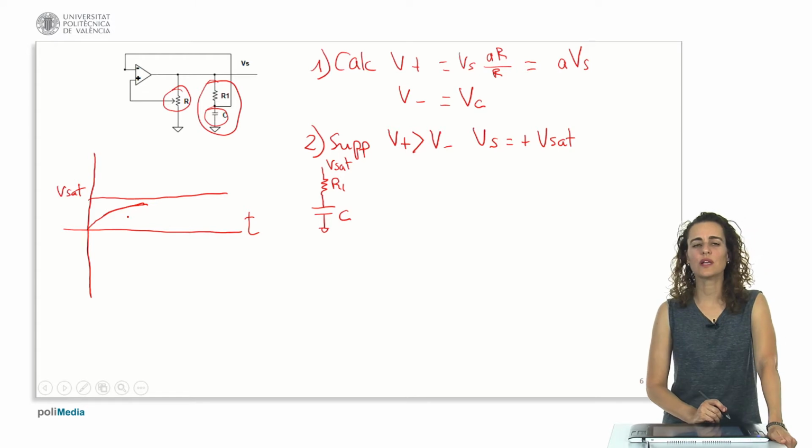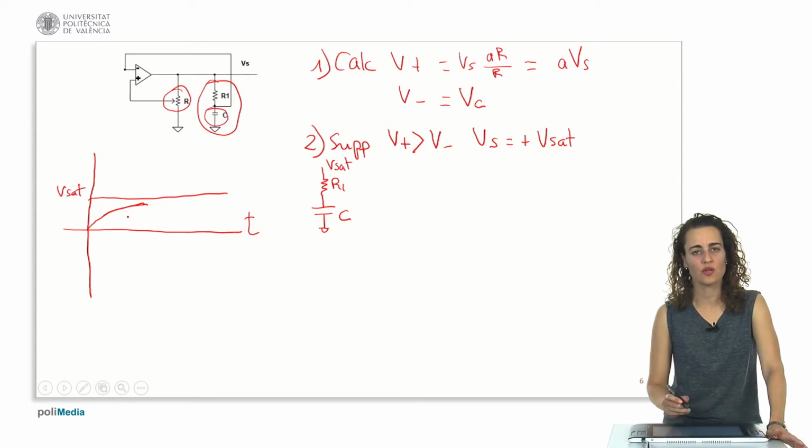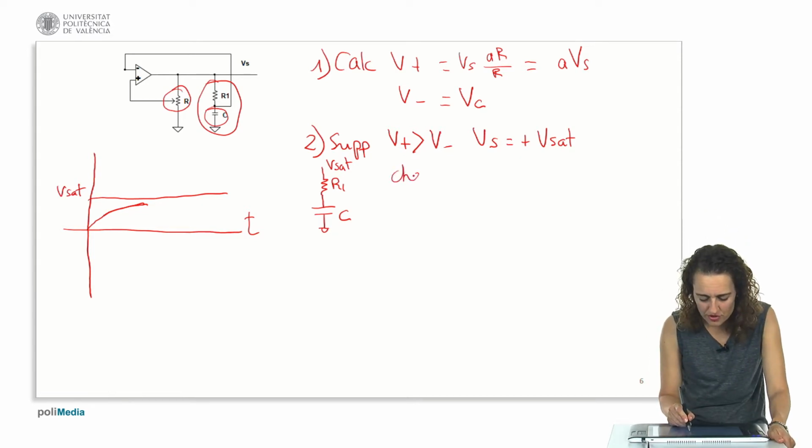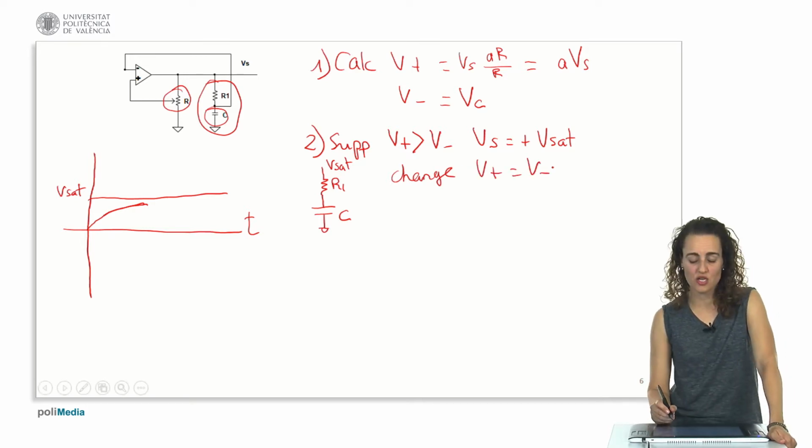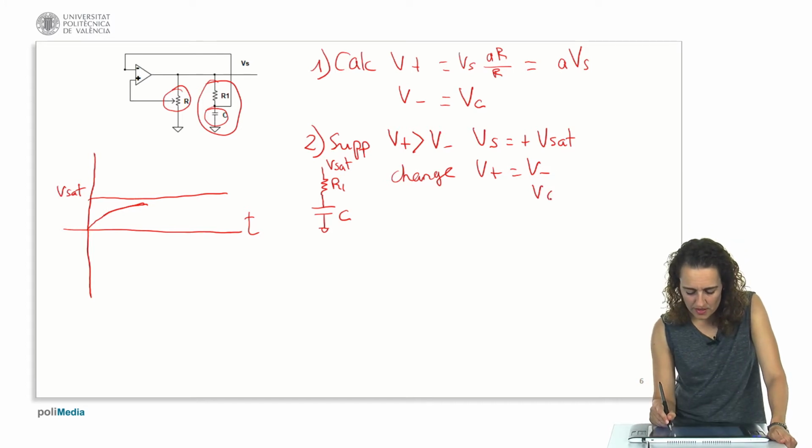But when will we have the change of state? If Vc, which is V minus, is increasing, there will be a moment in which I will have the change of state. This will occur when V plus is equal to V minus, so when the charge of the capacitor is equal to V plus, which in this case is A times Vsat.